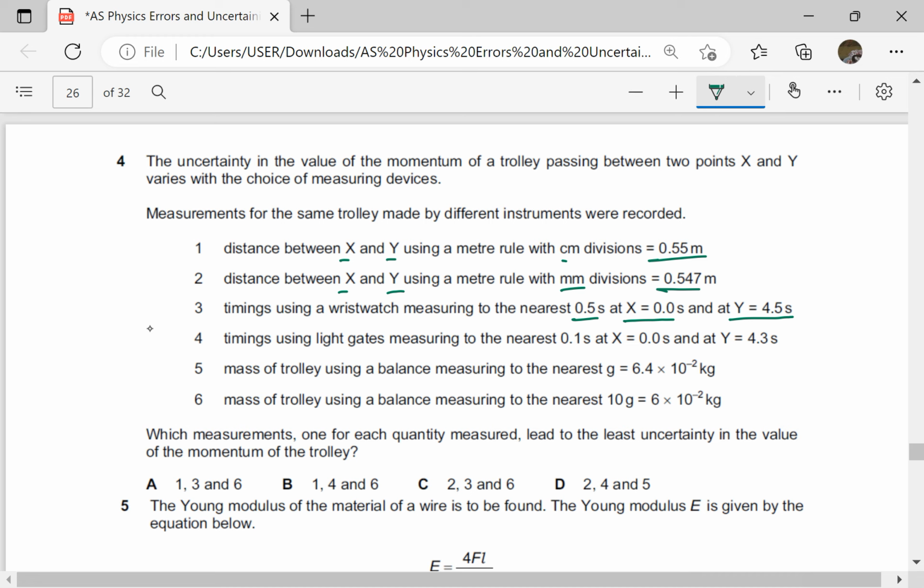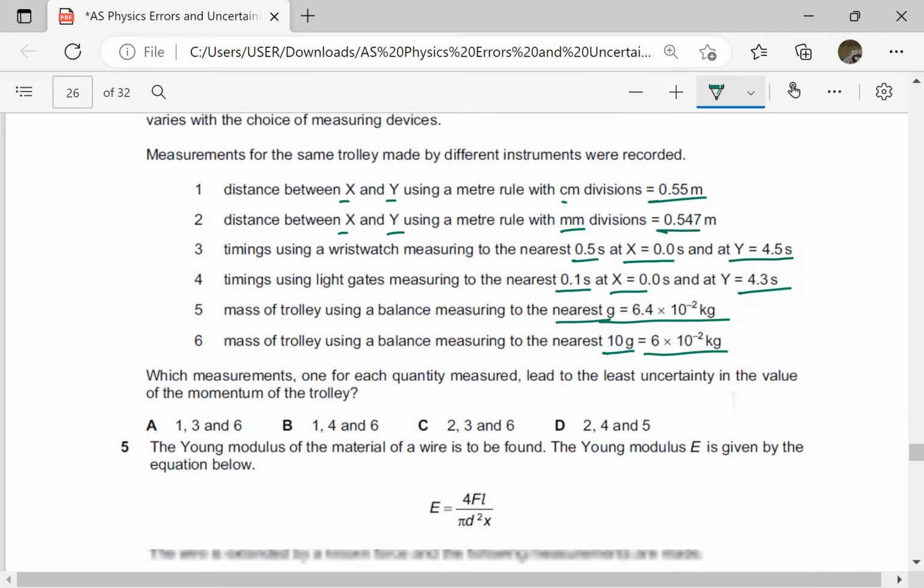Timings using light gates to the nearest 0.1 second, at X equals 0.0 and at Y it is 4.3 seconds. Mass of the trolley using a balance to the nearest gram, and it is 6.4 times 10 power negative 2 kilograms. Mass of the trolley using a balance measuring to the nearest 10 grams. It is 6 times 10 power negative 2 kilograms.